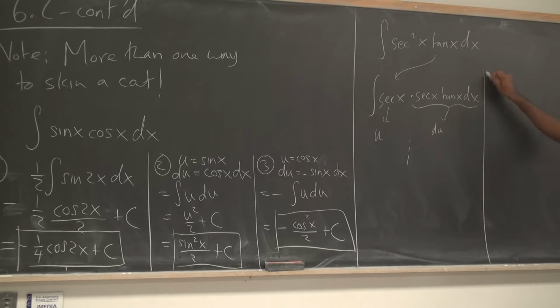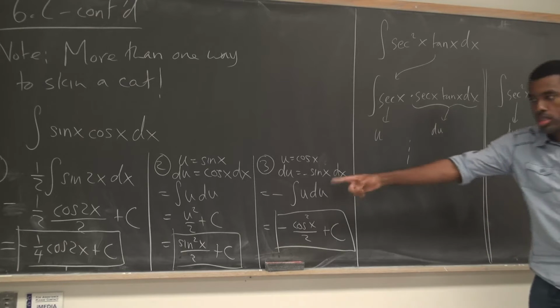Someone pointed out at the end of the class, and it's perfectly legit, that we didn't have to split this up in the first place. We could have just said, immediately u is tangent, and then your du would have been secant squared. You'd have gotten answers that look slightly different, but they're all equivalent.